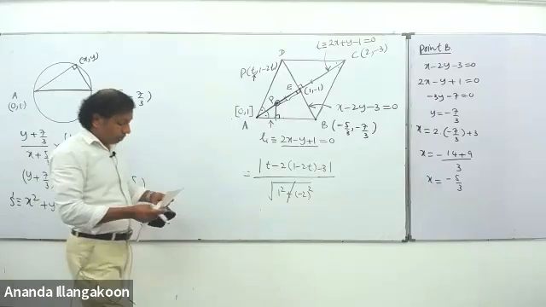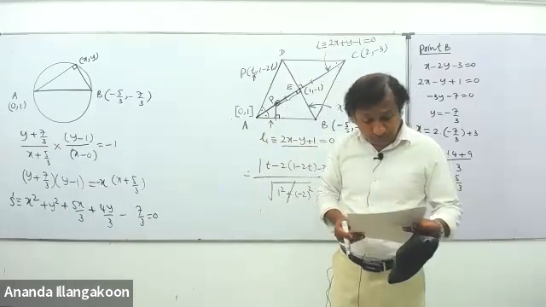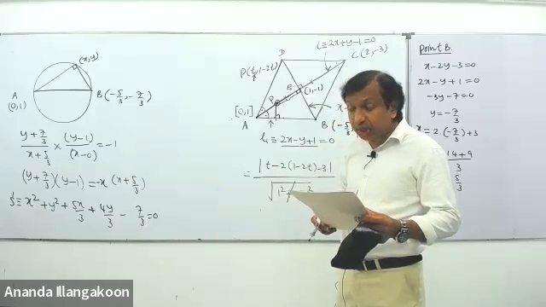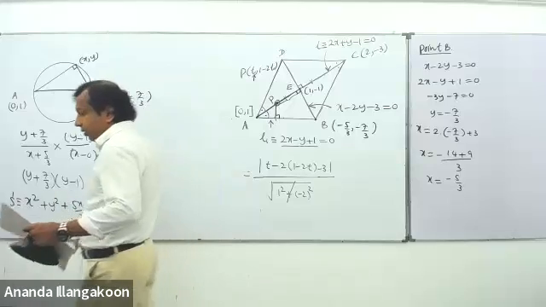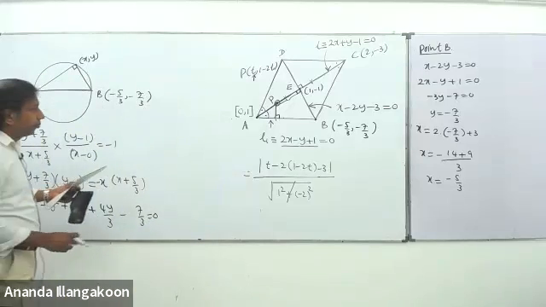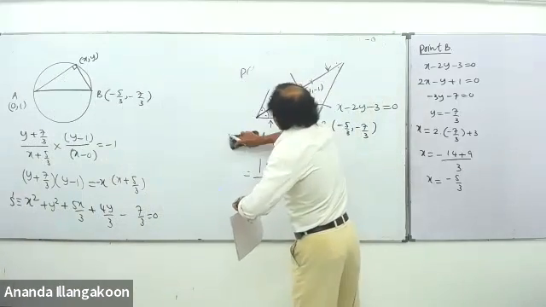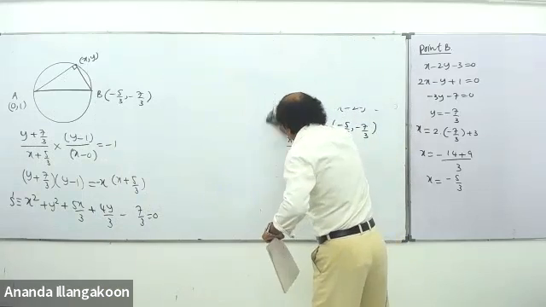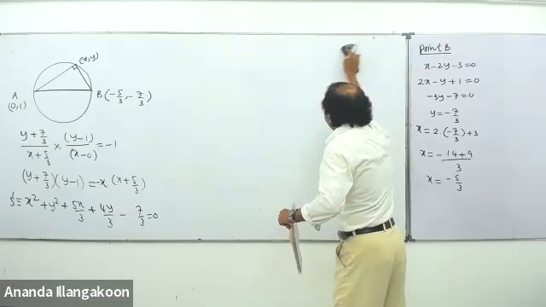Right. Now, are the circles S and S dash intersecting orthogonally? S and S dash. Orthogonal circles. Now, S equation we know.